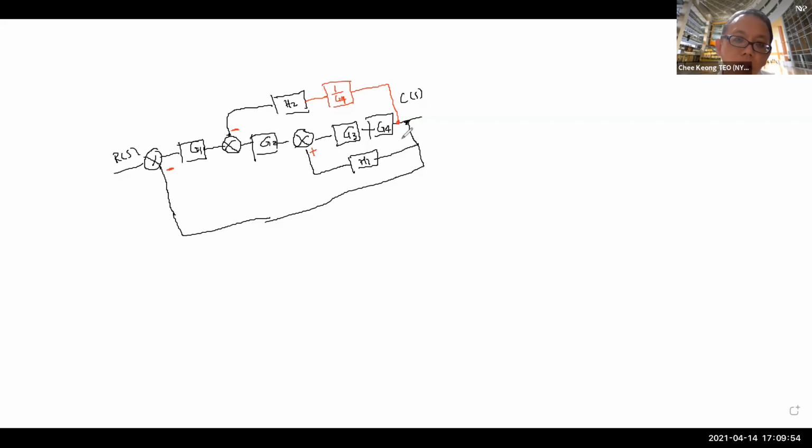Okay, now since you change this tapping point, these two can combine, and become H2 over G4. So I can change this to H2 divided by G4.